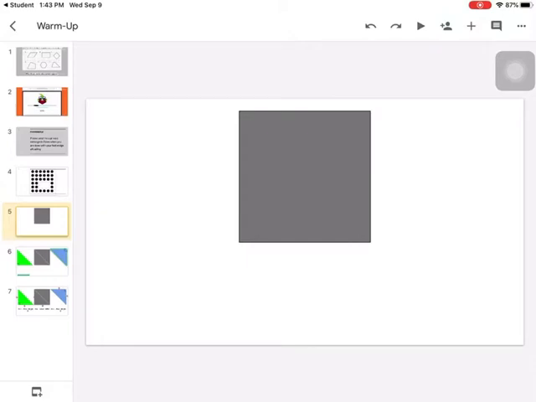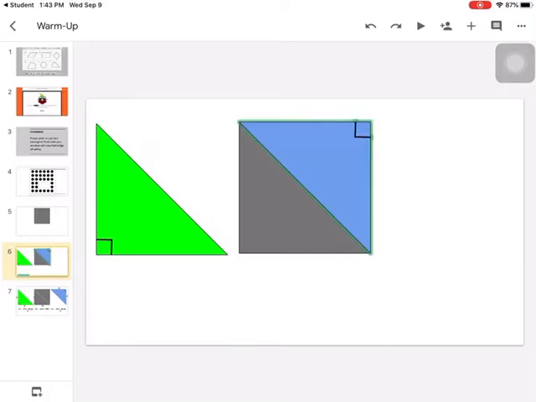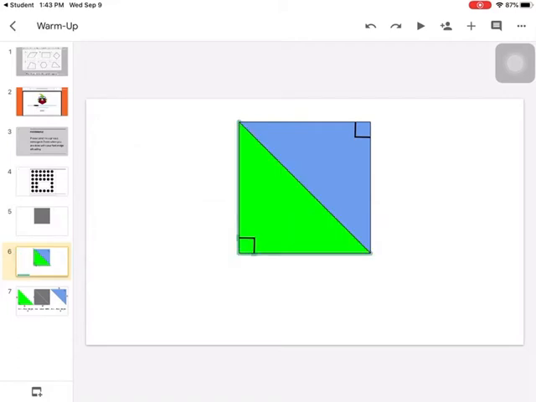I've got my square here. What I have already done is draw a line completely bisecting this square, so I have formed two perfect triangles that can fit in this square. I'm going to move them over for you so you can see that both of these triangles form completely inside this square.